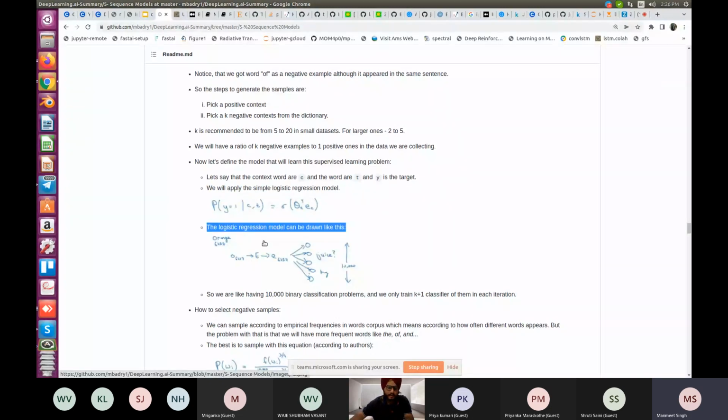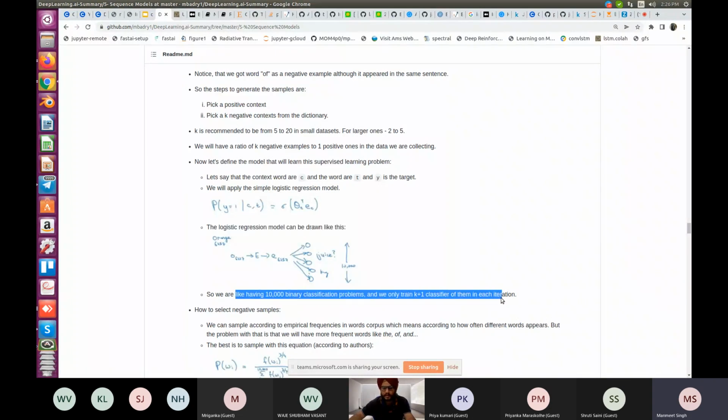You get the embedding vector, and then you have an output layer with many neurons, in this case 10,000, because that's the size of our vocabulary. So we have 10,000 binary classification problems, and we only train k plus 1 classifiers of them in each iteration.